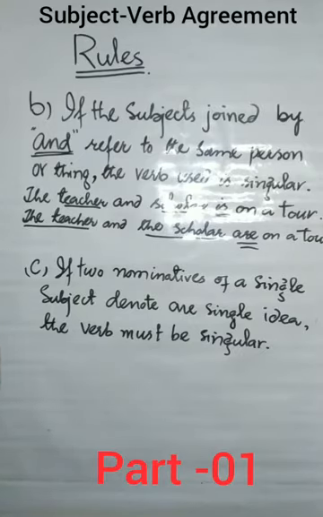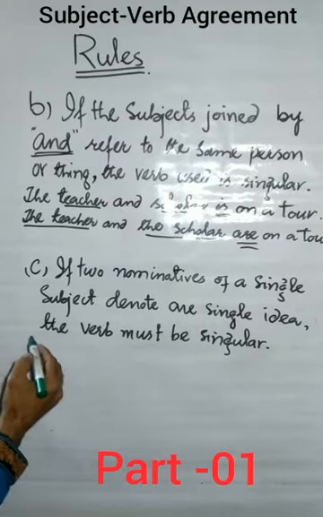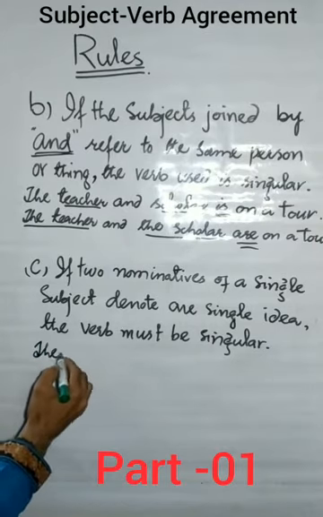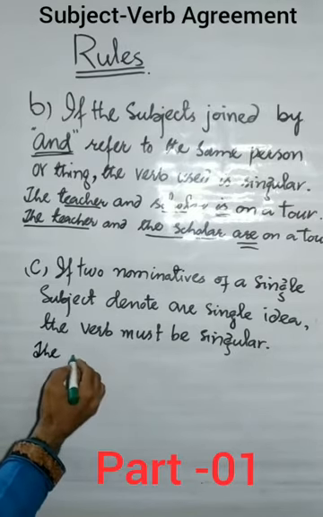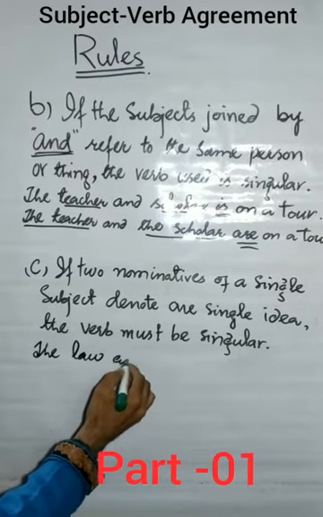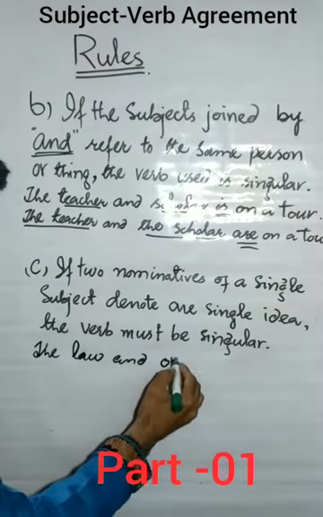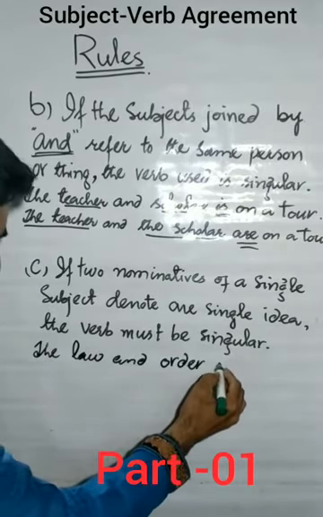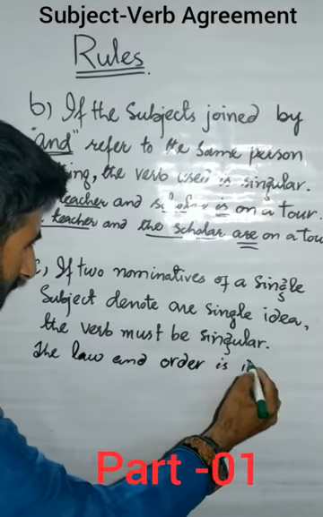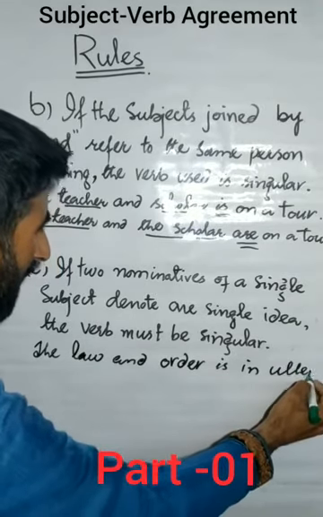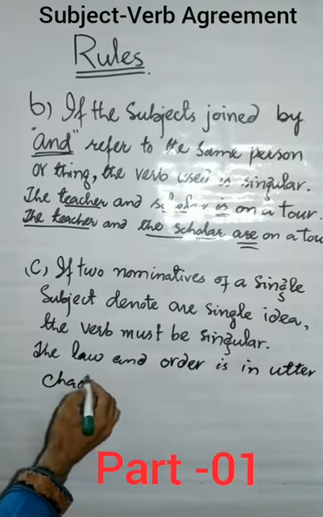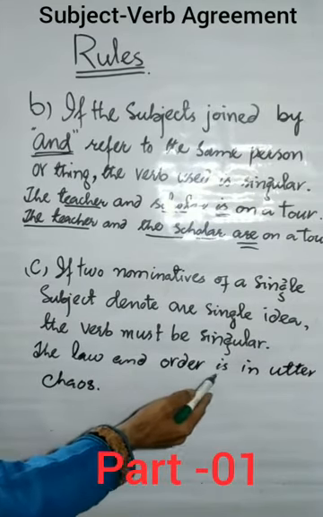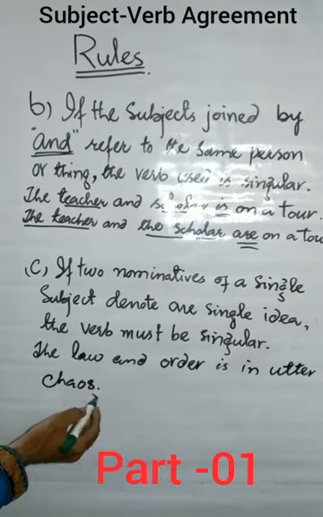For example, the law and order is in utter chaos. The law and order is in utter chaos.